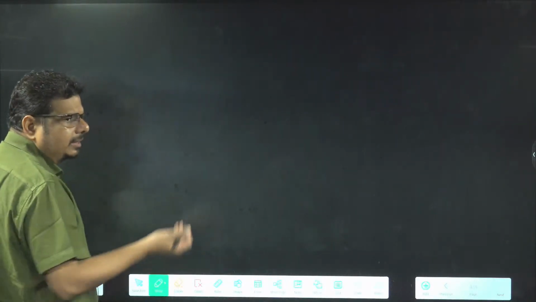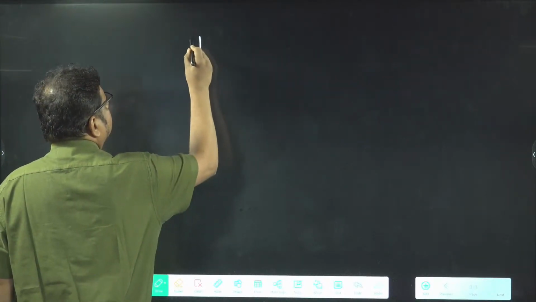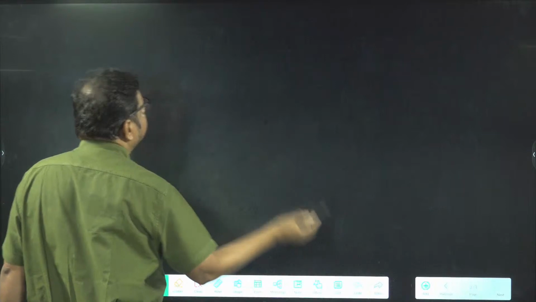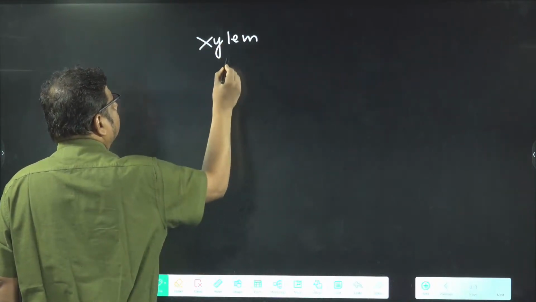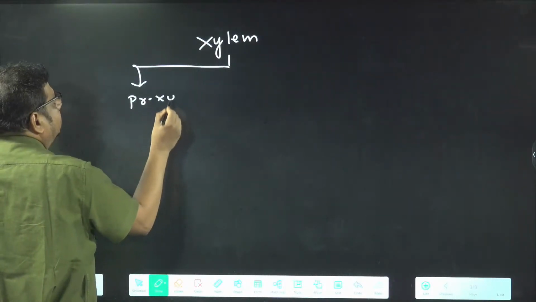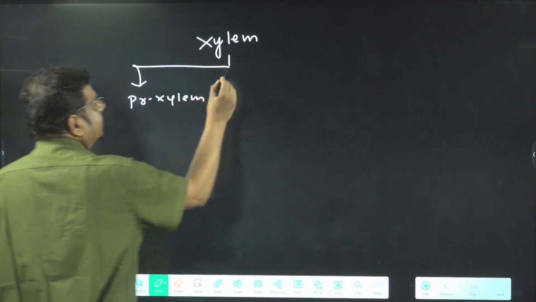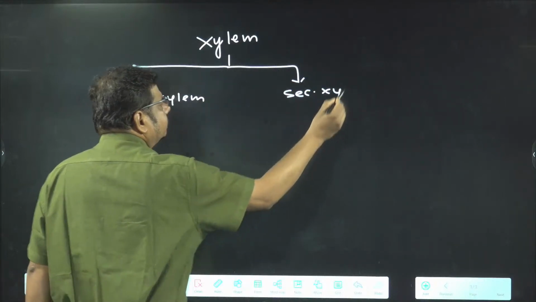We are going to discuss types of xylem. Xylem is of two types: primary xylem and the second type is which one? Secondary xylem.